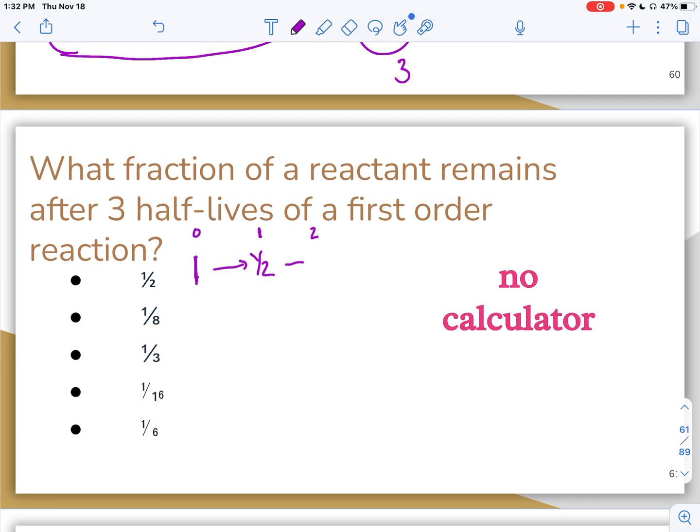At 2 half-lives, 1/4. And at 3 half-lives, we would expect it to be 1/8. So the answer here is 1/8. That's just starting with 1 and dividing it by 2 for each half-life that passes.